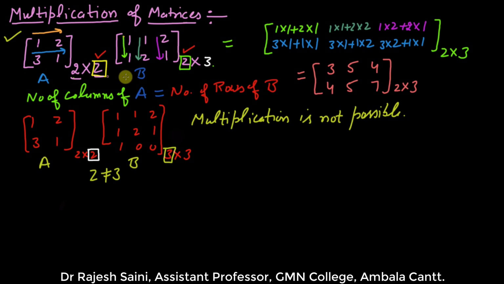If A is multiplied with B, the result is AB. And one more thing we must see here is that AB need not be equal to BA. This property is called commutativity. AB equal to BA is called commutative, but matrix multiplication is not commutative.